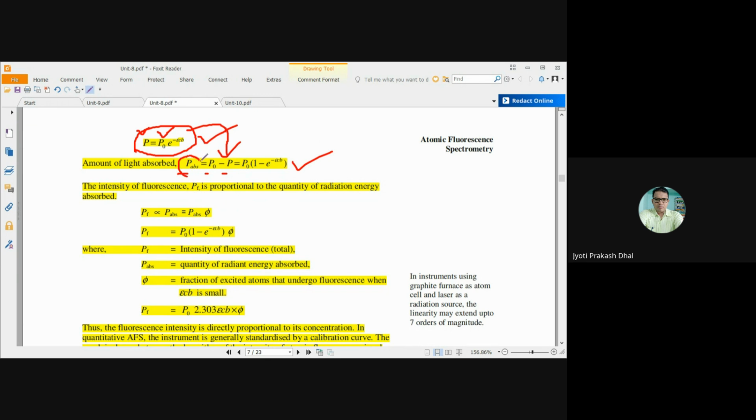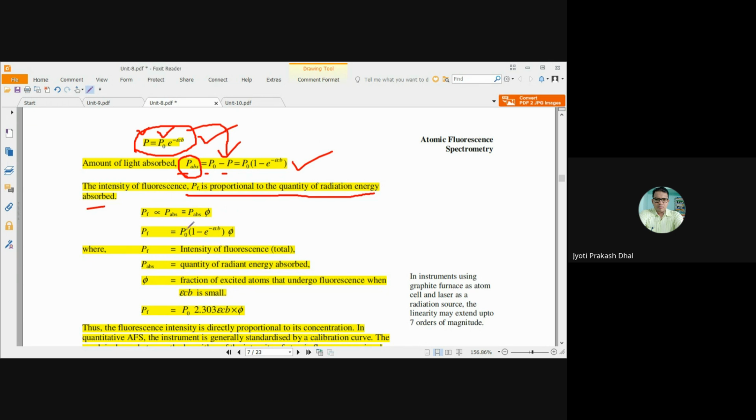This is the intensity of the light absorbed. Now the intensity of the fluorescence, P_F, is proportional to the quantity of radiation energy absorbed, as we have already discussed.